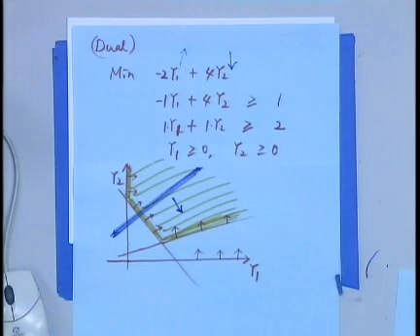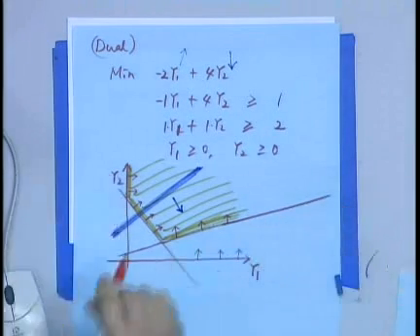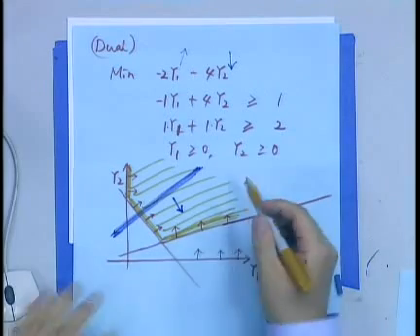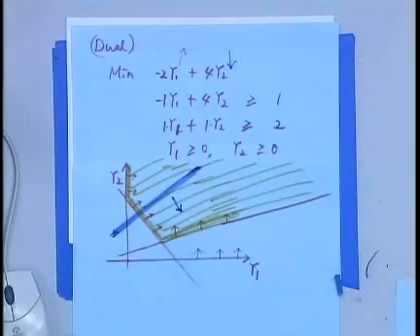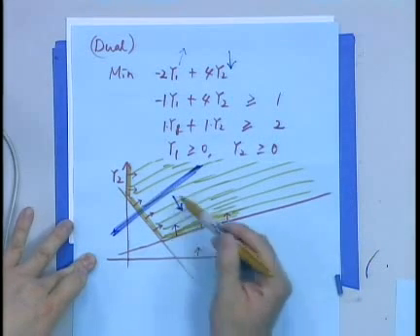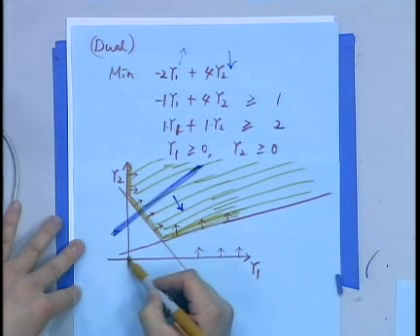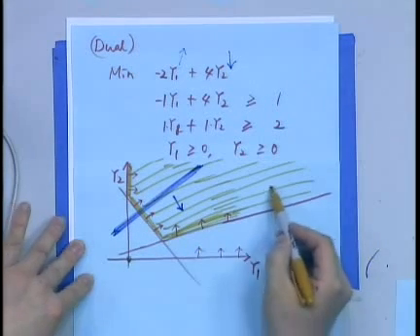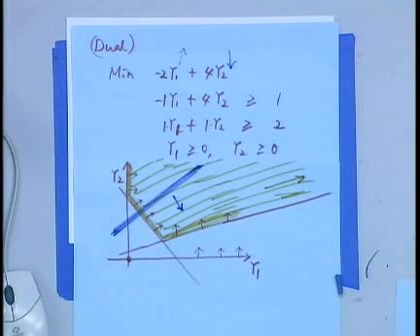Is that clear? Our feasible region is this, right? So the objective function value will continue to improve the further we move away from the origin into the unbounded region, right? Is that right?